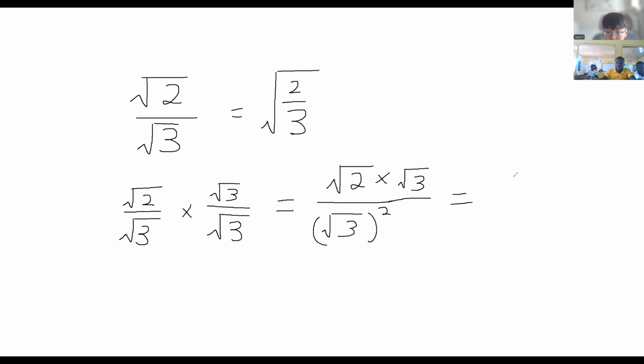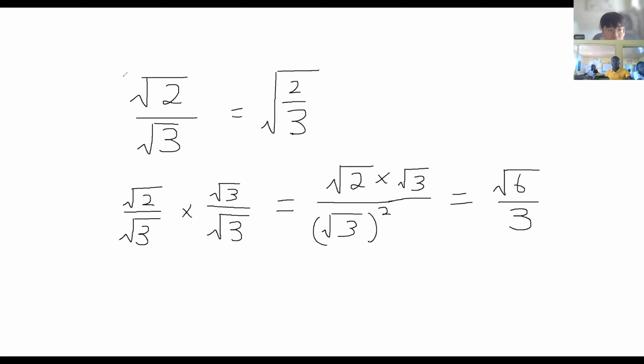Root of 6 over 3. Yeah, that becomes square root of 6 over 3. This is what we get after simplifying, and simplifying just means removing the square root from the denominator.